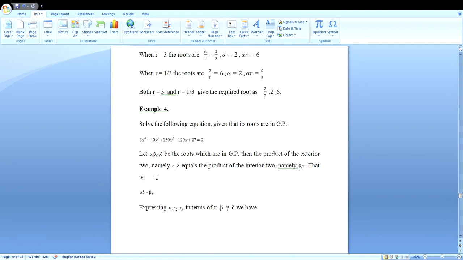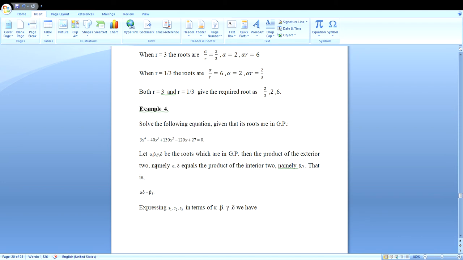Example 4. Now we are going to solve a fourth degree equation whose roots are in GP. Solve the following equation given that its roots are in GP. That is, the equation is 3x power 4 minus 40x cube plus 130x square minus 120x plus 27 equal to 0.